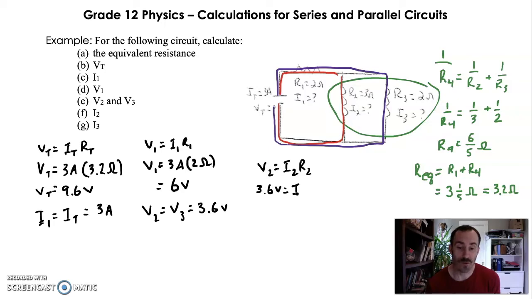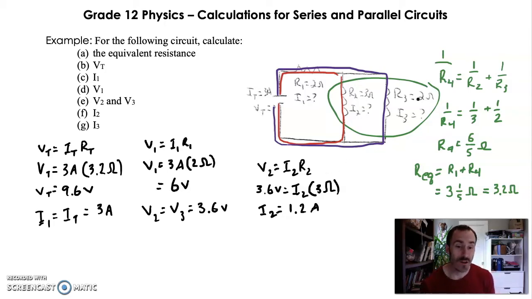I2 is what we're looking for. And R2 is 3 ohms. Okay, and when we divide that, we get I2 is equal to 1.2 amps.